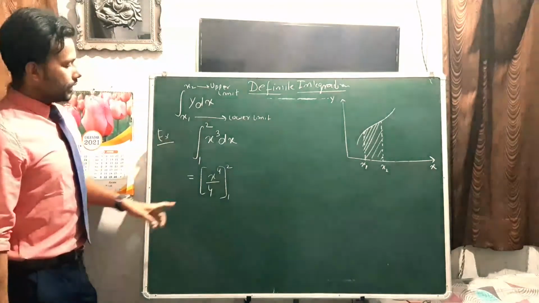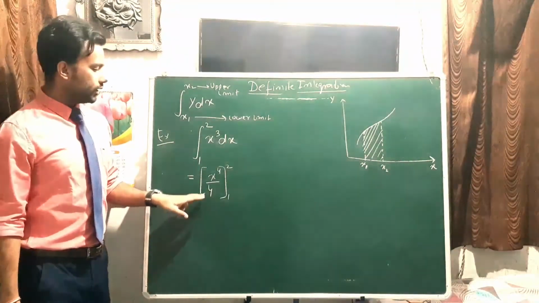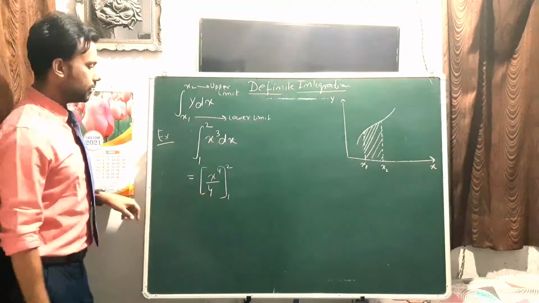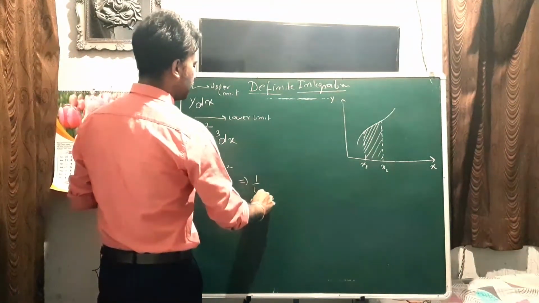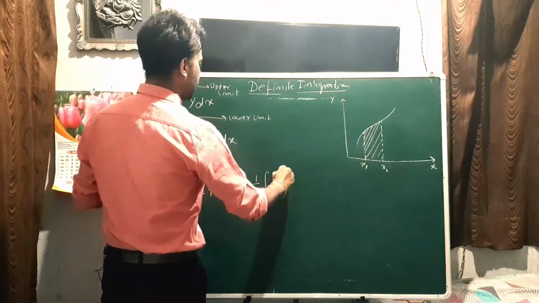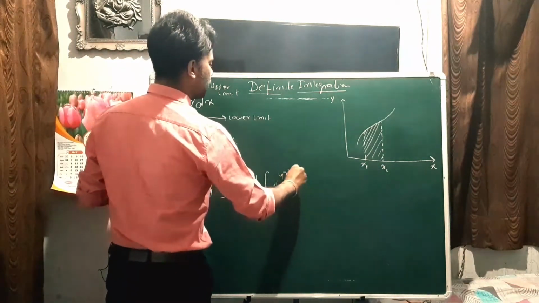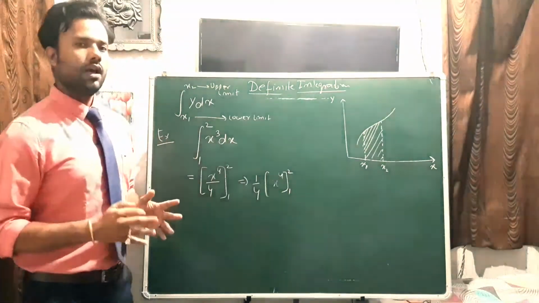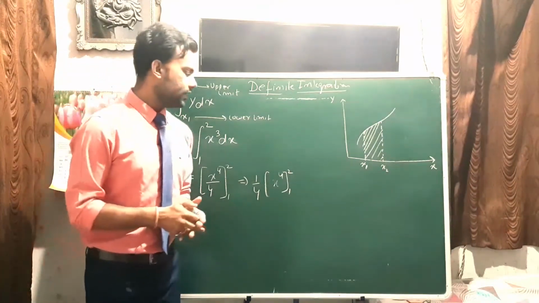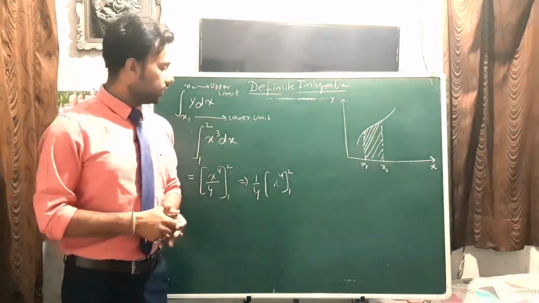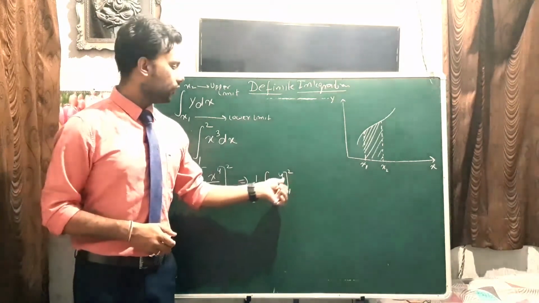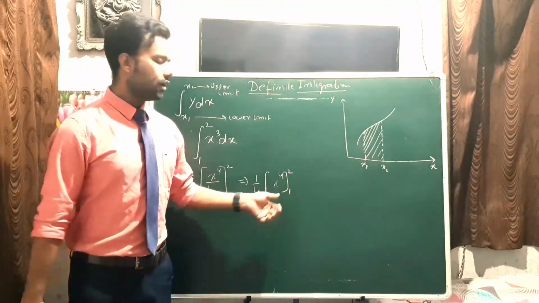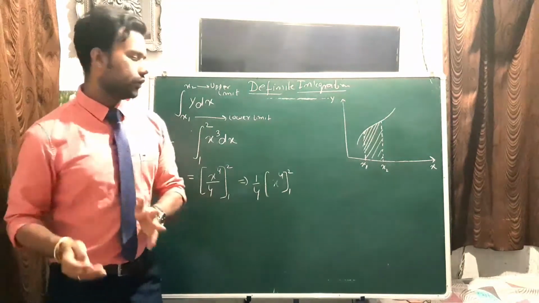Alright, take the constant outside, that is 1 by 4 is a constant, take it outside. So this will become 1 by 4, and here we have x to the power 4 from 1 to 2. Now see how to apply the limit. It's quite easy. Put the values of the limit in the place of x, right? How? Upper limit minus lower limit.